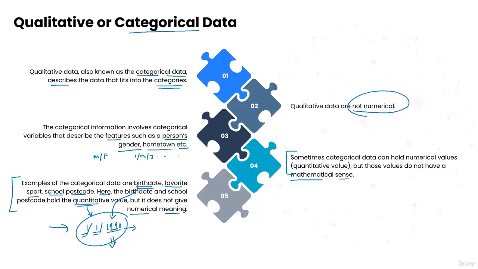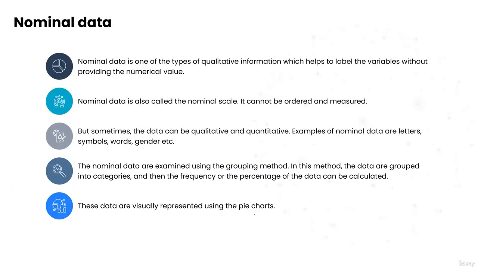So inside qualitative data, majorly there are two types of data. Data, as I told you, is of two types, your qualitative and your quantitative. Inside qualitative comes your nominal and ordinal data.